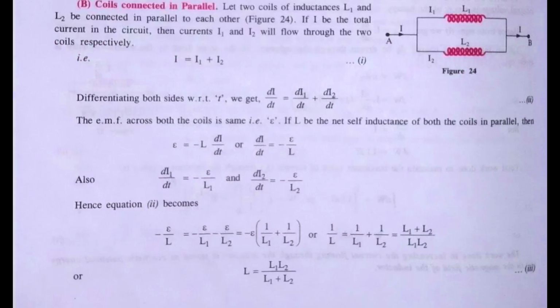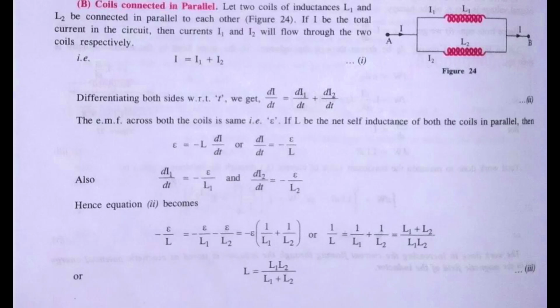Now the case when the coils are connected in parallel. For the parallel combination, the total current is I equal to I1 plus I2. Just differentiate this value of the current with respect to time t. Then we have dI over dt equal to dI1 over dt plus dI2 over dt. Now we know that epsilon is equal to minus L dI over dt.